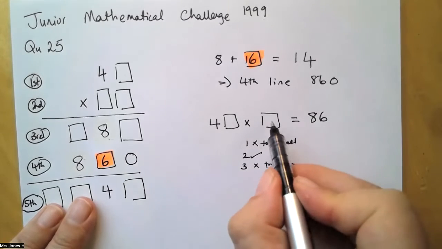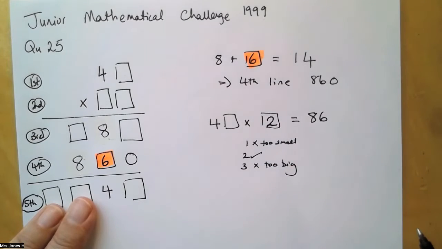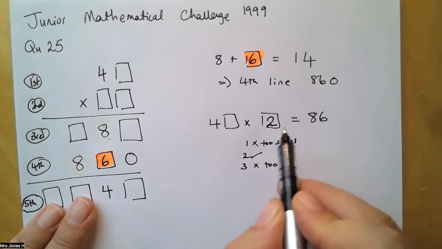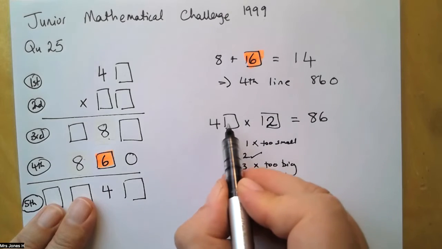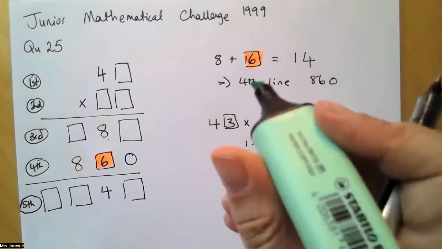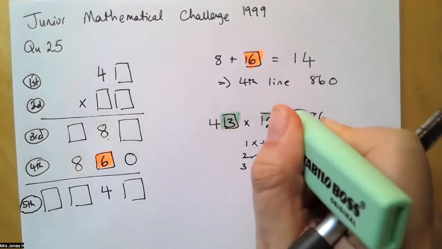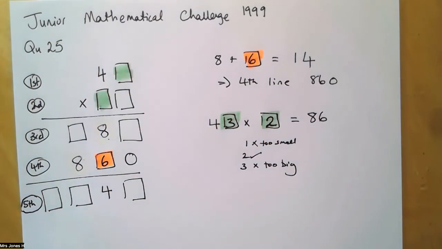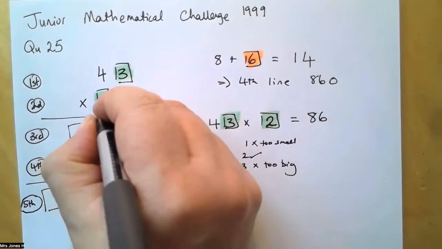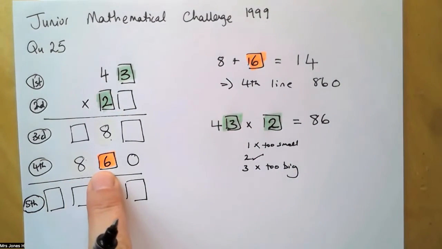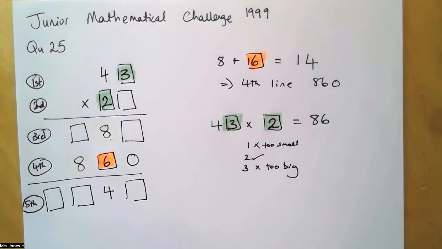So this digit here, this star number, has to be a 2. And in that case, 40 something multiplied by 2 is going to be a 3 here. So we now know that we put a 43 up here and the 2 is going to be here. 43 multiplied by 2 is going to be this 86 here.